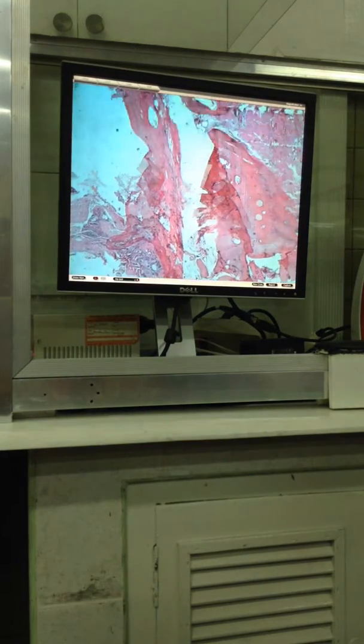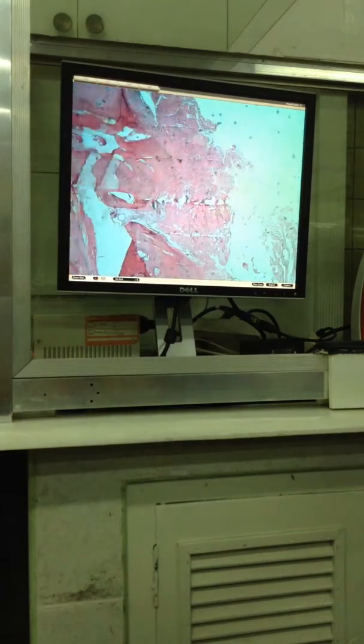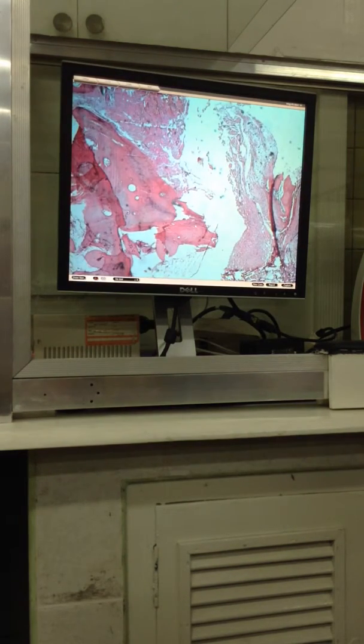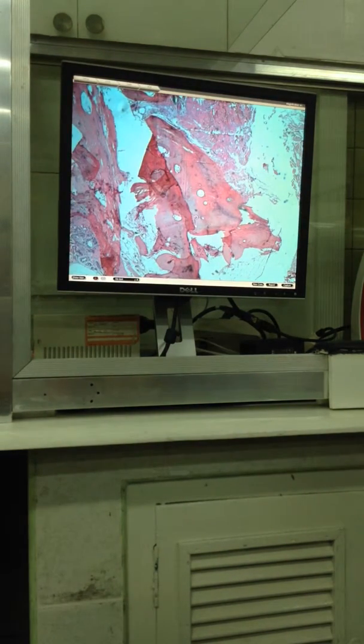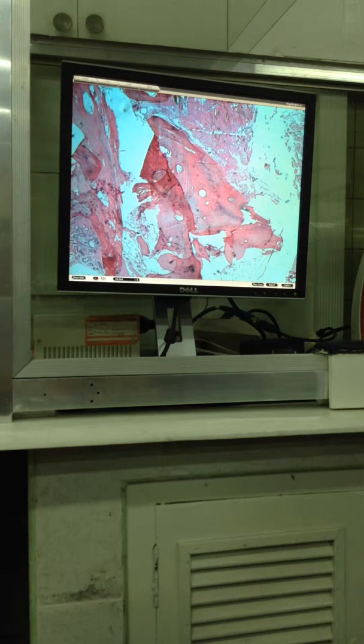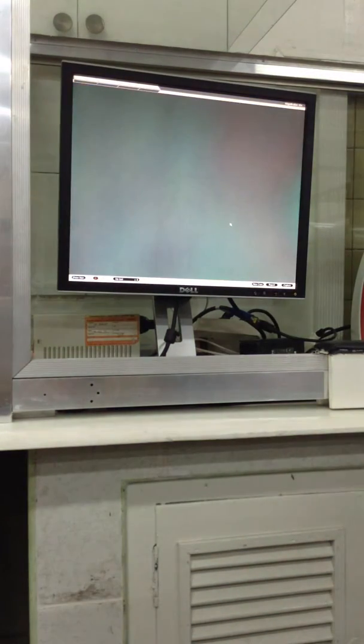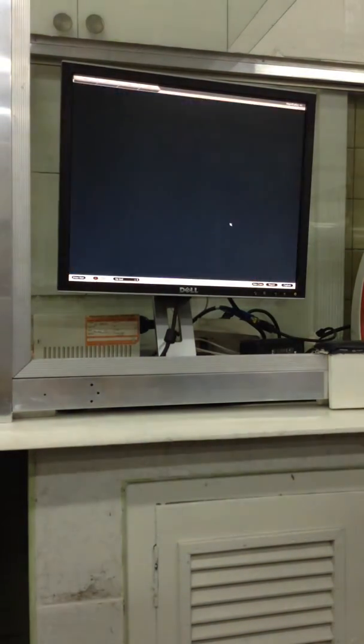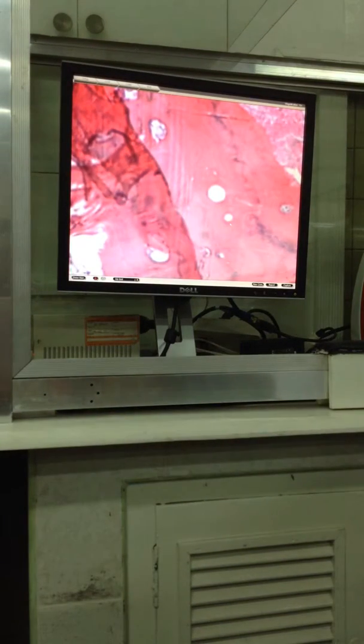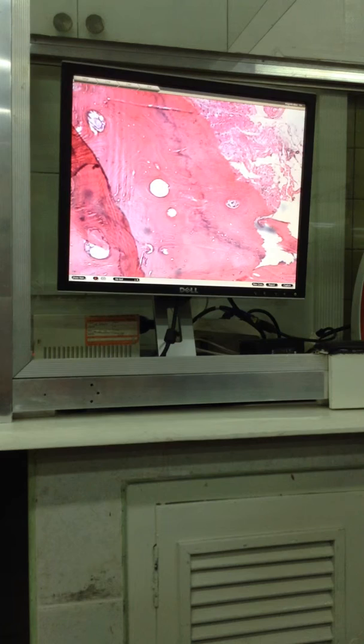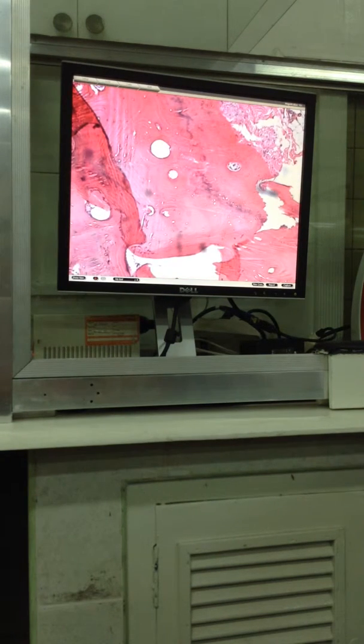And usually to identify it microscopically, this is a section from the tumor itself, and the tumor was taken out as a whole. However, during the cutting of this specimen, you see there are folds there, but more or less you will be able to appreciate this material. When we go on higher magnification, we want you to differentiate osteoid from chondroid material, or that coming from the cartilaginous area.